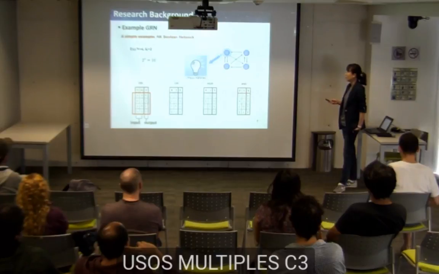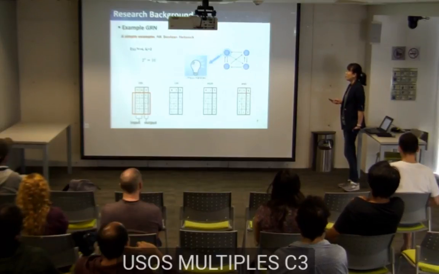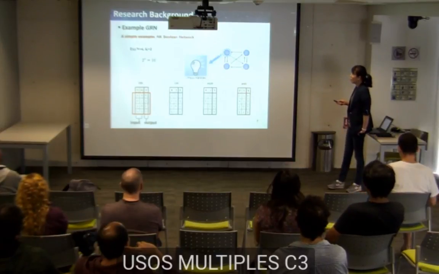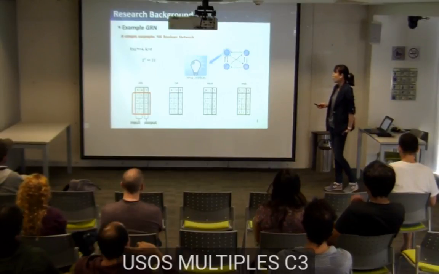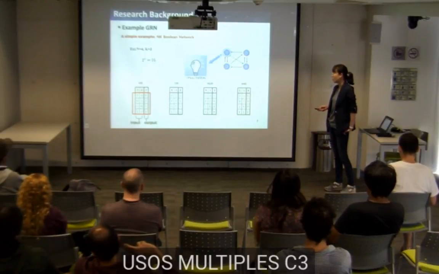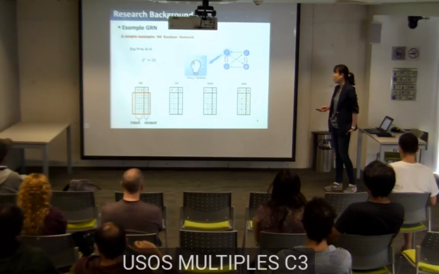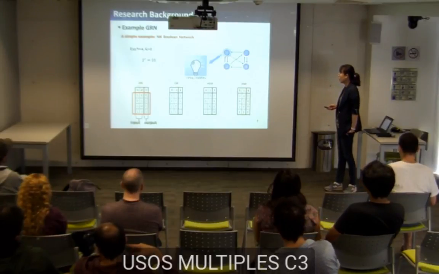This is an example GRN. Here, N is 4 because there are 4 nodes, and K is 2 because each node has 2 input links. The assigned Boolean functions to each node are as follows: OR, OR, NOR, AND.